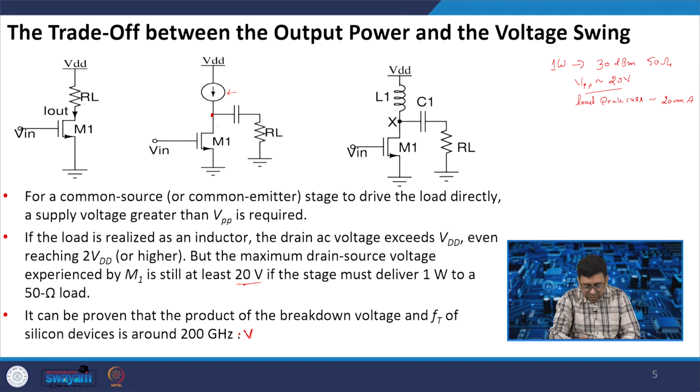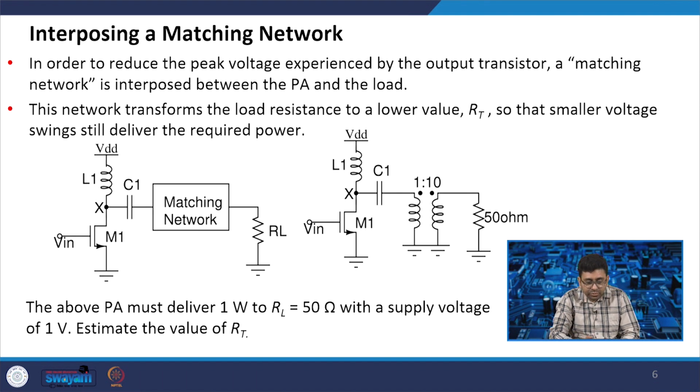So what is the solution? The solution is interposing a matching network. In order to reduce the peak voltage experienced by the output transistor, a matching network is interposed between the PA and the load.